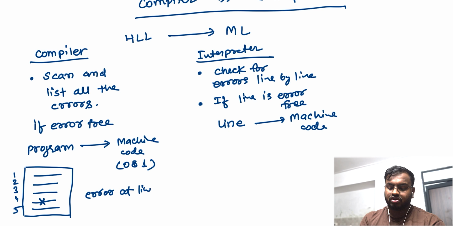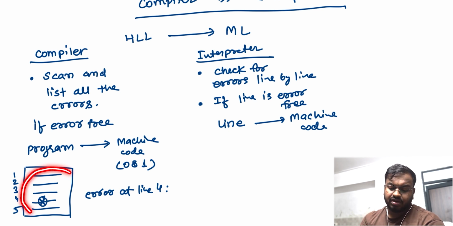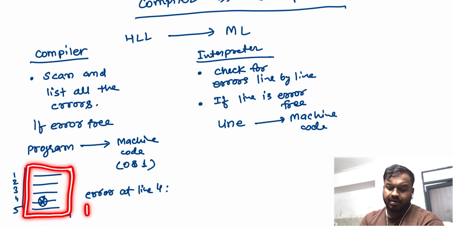On your console, you will see that there is an error at line number 4. So you will fix this particular error. Once you fix this error, this program is error free. So the whole program will get converted to machine code in one go.